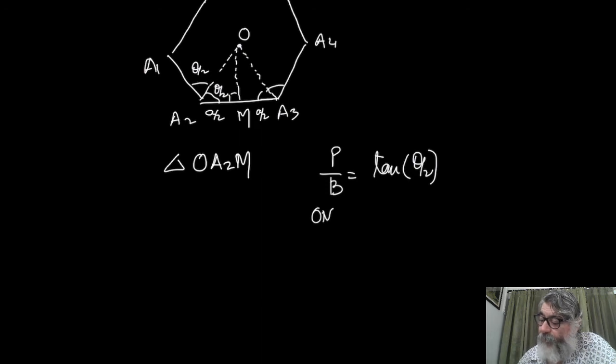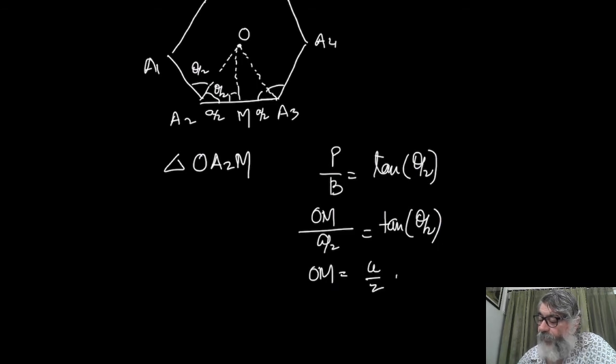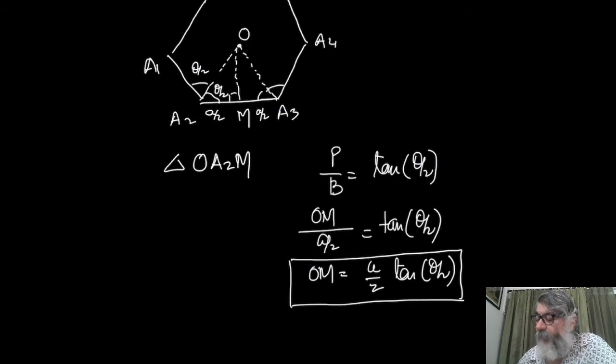OM. What is the base? A by 2. So OM upon A by 2 is equal to tan theta by 2. So what will I get OM as? OM will be A upon 2 tan theta by 2. This is the length of the perpendicular dropped from the center to one of the sides.